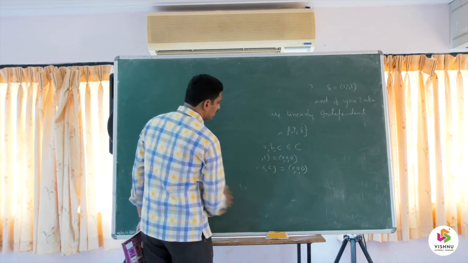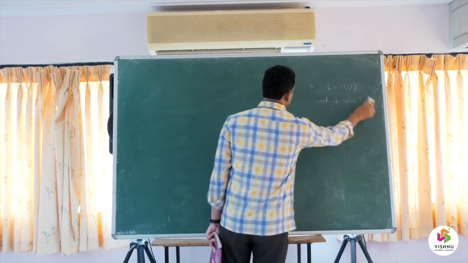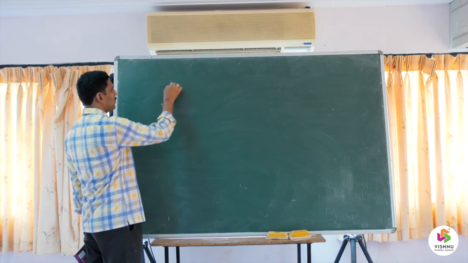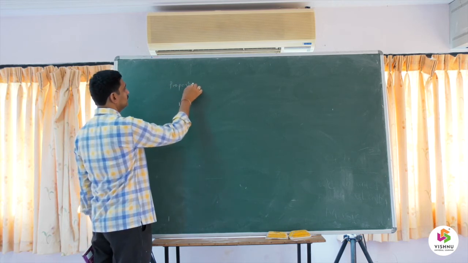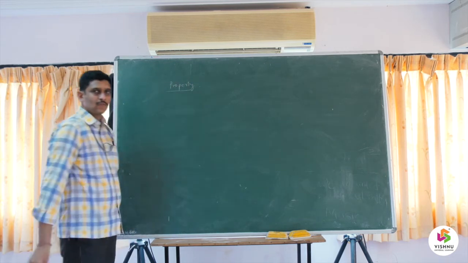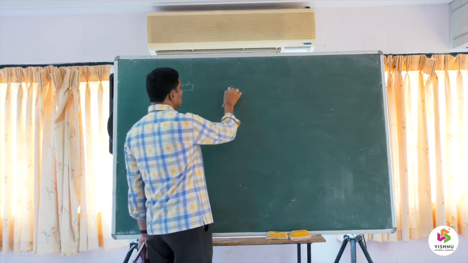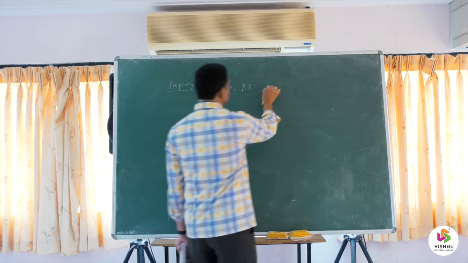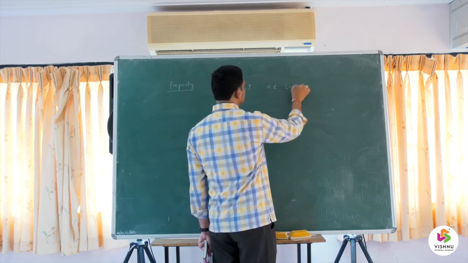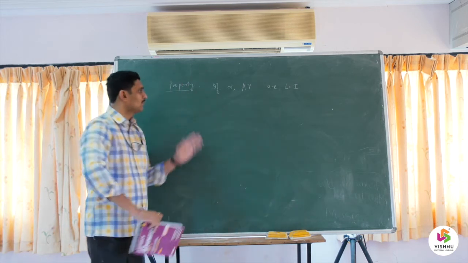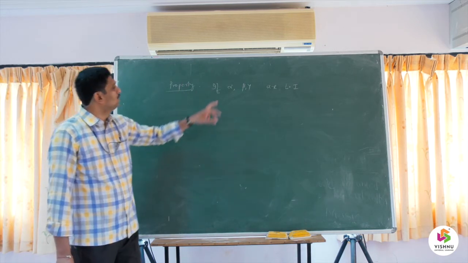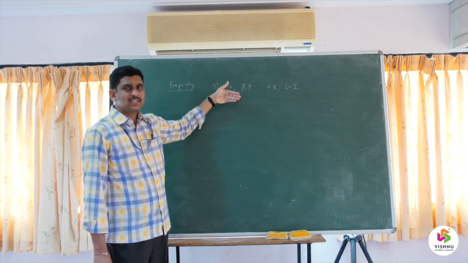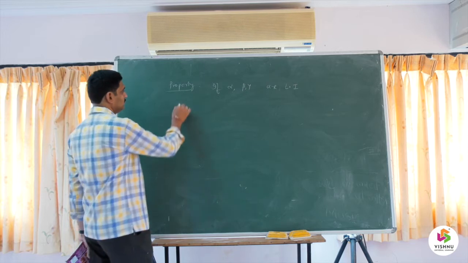Now let me take the other problem. So there is one interesting property that if you take the linearly independent vectors, then generally what happens, if you add them, then the resultant vectors are also linearly independent.